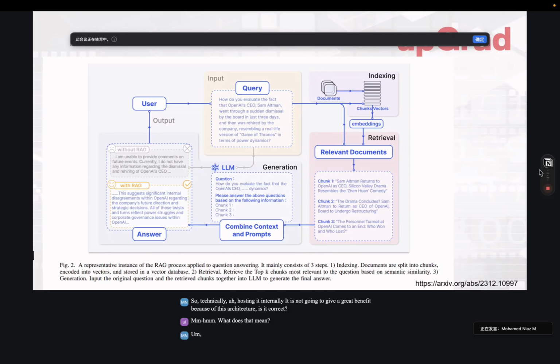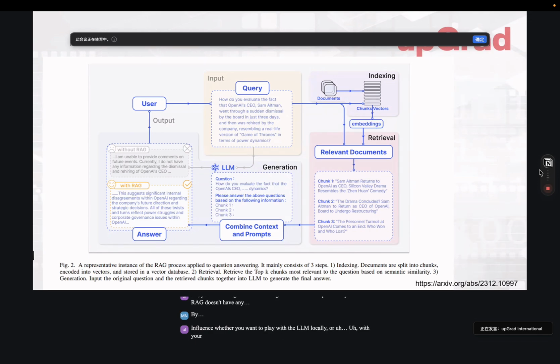Hosting the LLMs locally would require capex. Now, you are talking about hosting the LLM. RAG doesn't have any influence on whether you play with the LLM locally or through an API. It doesn't matter.